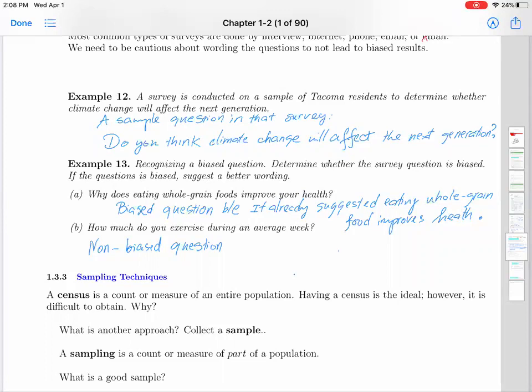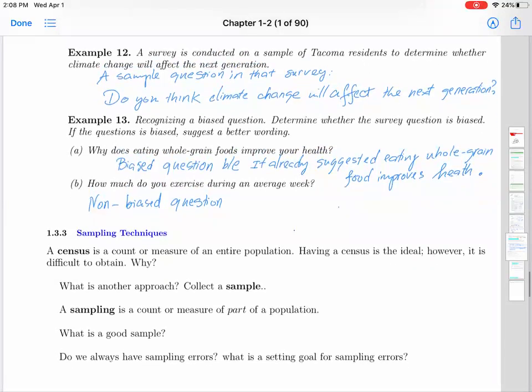We look at example number 13. This asks you to recognize biased questions and determine whether a survey question is biased. If the question is biased, suggest better wording. Okay. The first question is, why does eating whole grain foods improve your health?